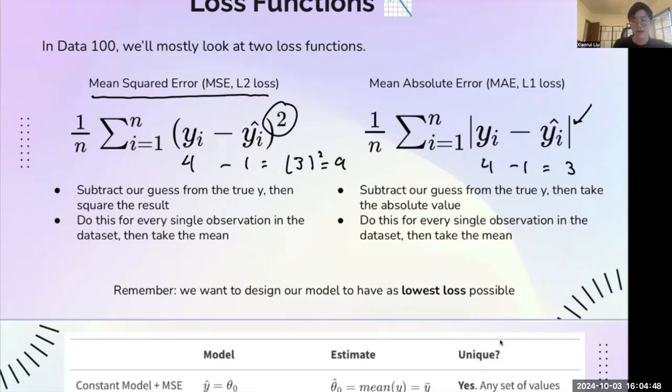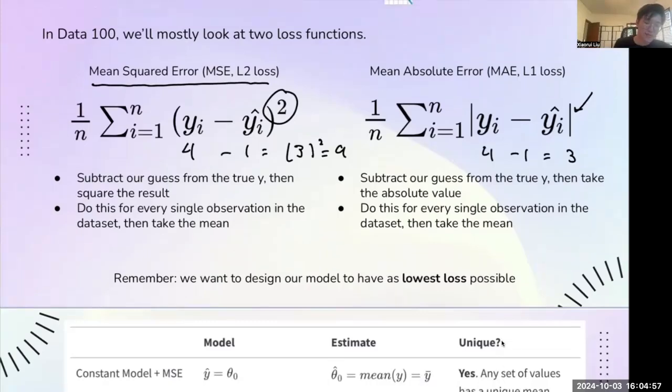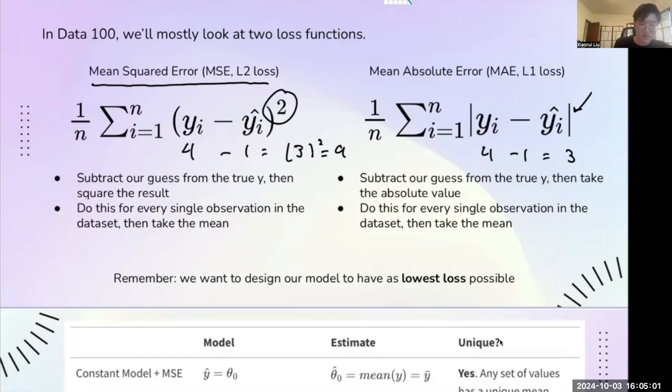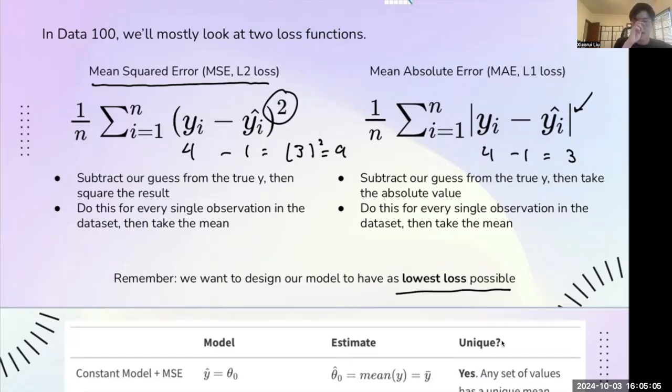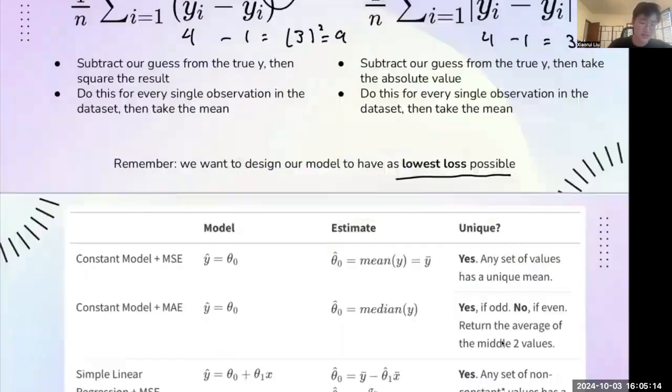So mean squared error punishes mispredicting further away more. And remember, for all our models, we want to design our betas to have the lowest loss possible. That's just something that is intrinsic to creating a good model mathematically.